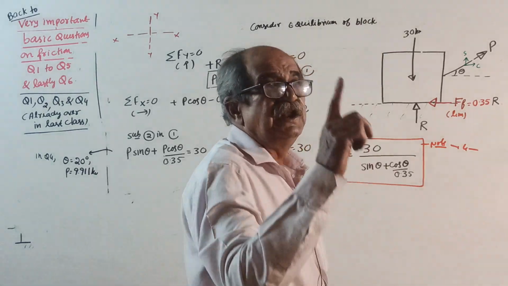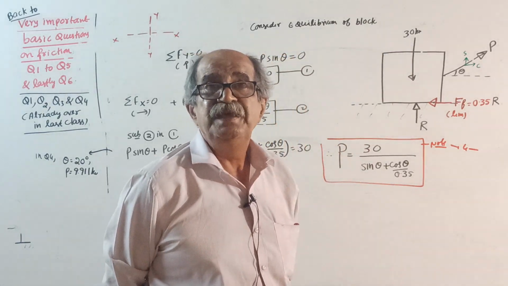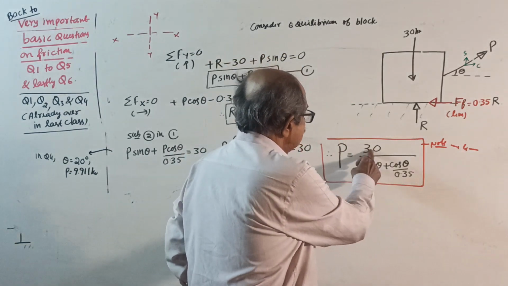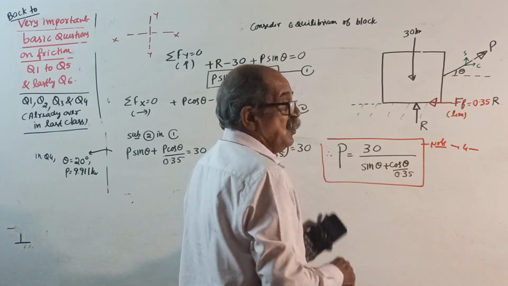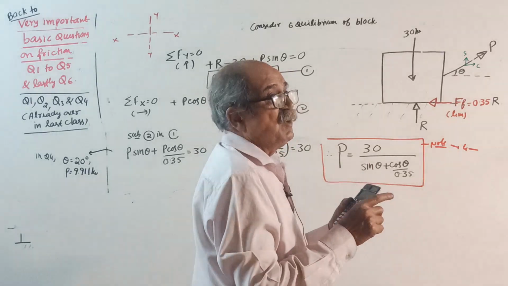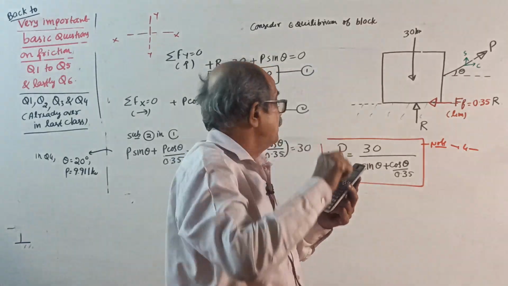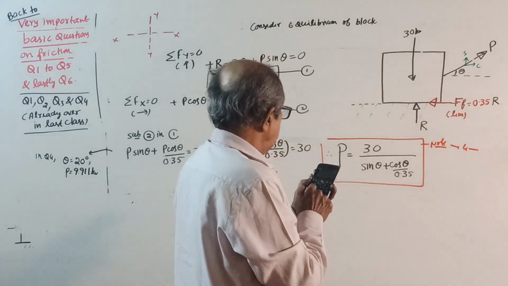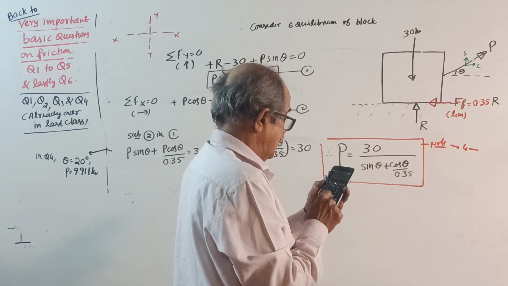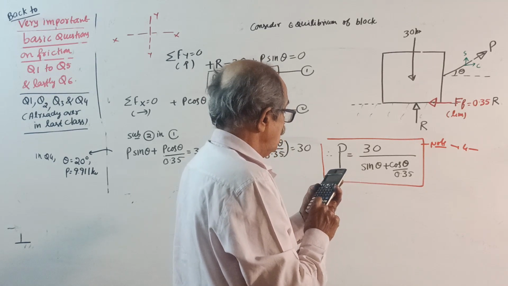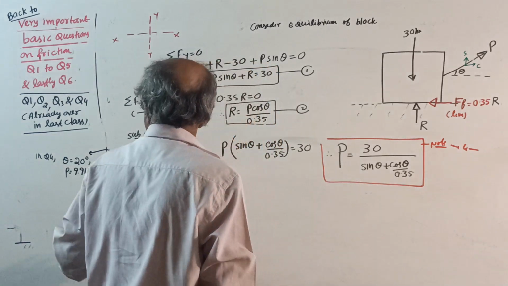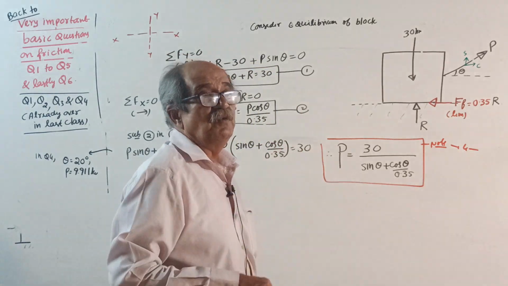If you see question number 1, your theta is 0 degrees. Then P equals 30 divided by (sin 0, which is 0, plus cos 0, which is 1, divided by 0.35), which is 10.5 kilonewton. Yes, if you remember, we got the answer 10.5.